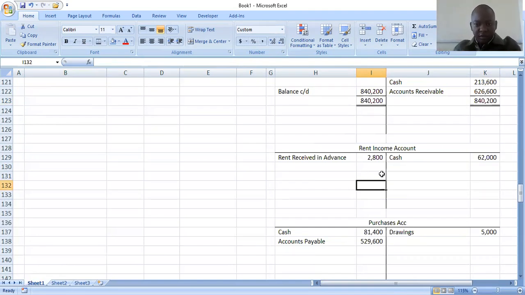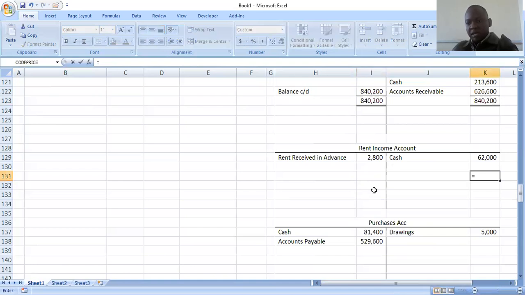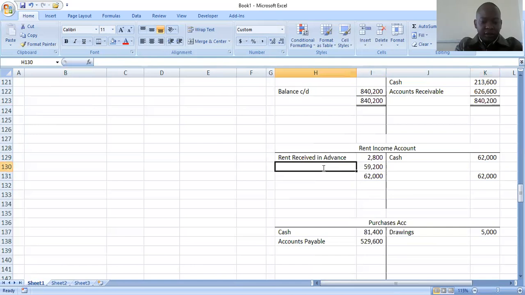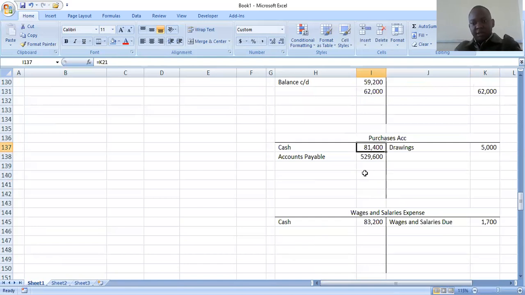The total is 6,200 on both sides. The balance here is the balance carried down.